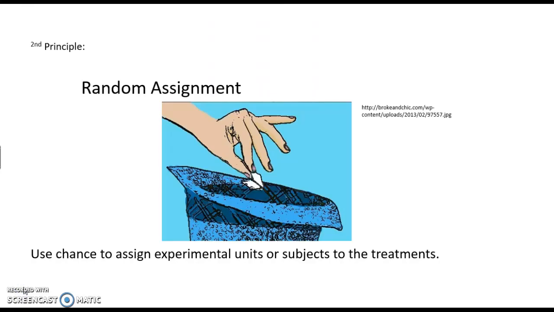This brings us to our second principle of experimental design, random assignment. We always have to use chance to assign experimental units or subjects to the treatments. Why is random assignment so important to a well-designed experiment? Random assignment would ensure that one type of student does not receive one type of treatment.